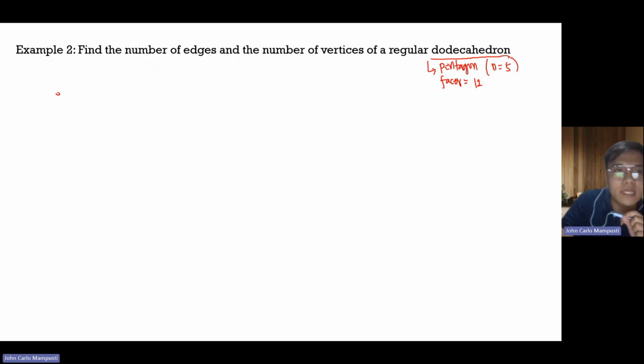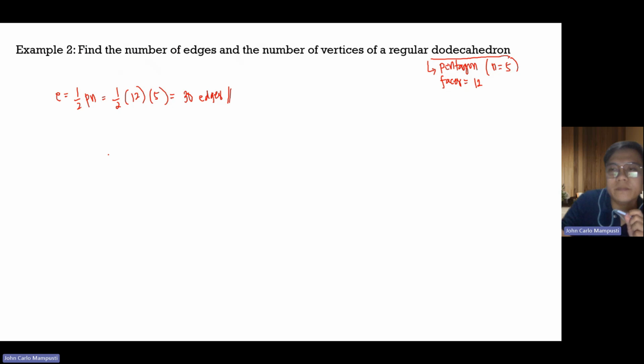So using the formula E equal to 1 half Pn or Np, parehas lang yan. This is 1 half P, which is 12 number of faces, times N, which is equal to 5. We have 1 half times 12. This is 6 times 5, which is 30. So, 30 edges.